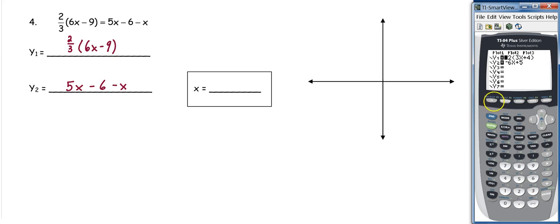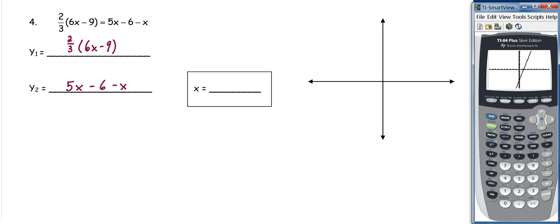So I'm going to go to y equals and clear out my equations. y1, (2 divided by 3)(6x - 9). My second equation, 5x - 6 - x. Hit graph. Notice this time, I only have one line that shows up on my graph.